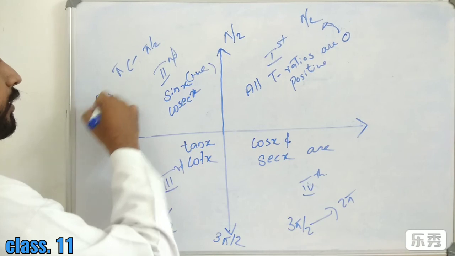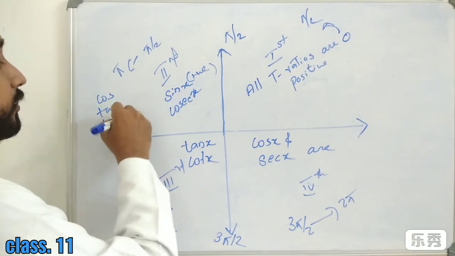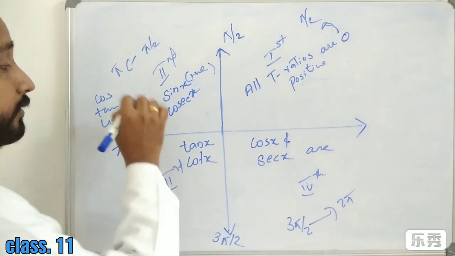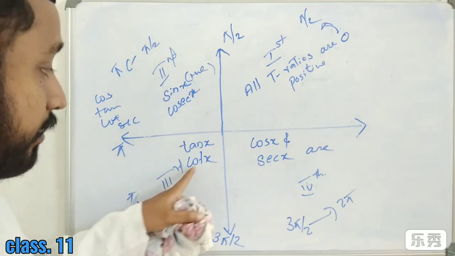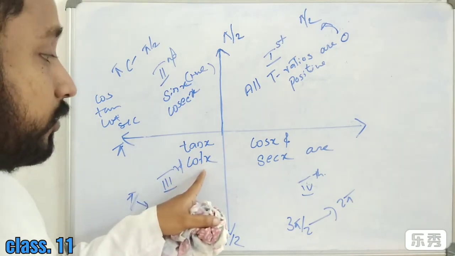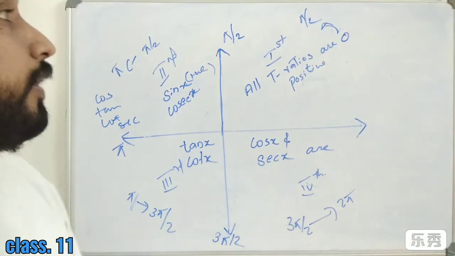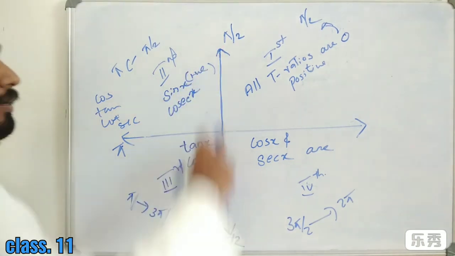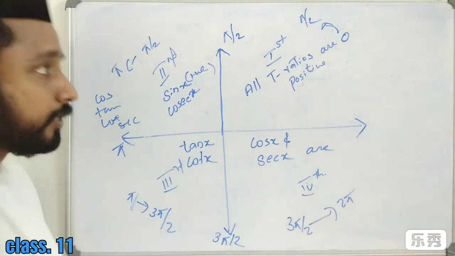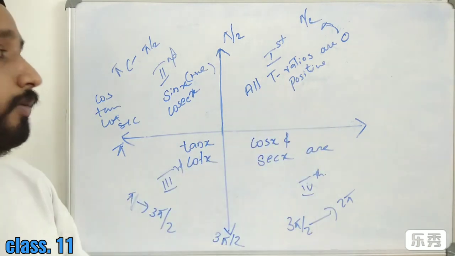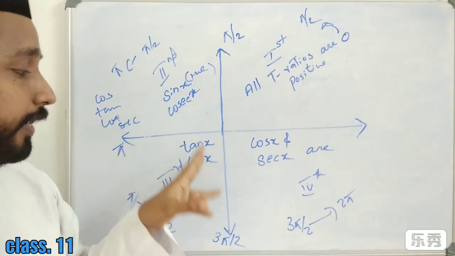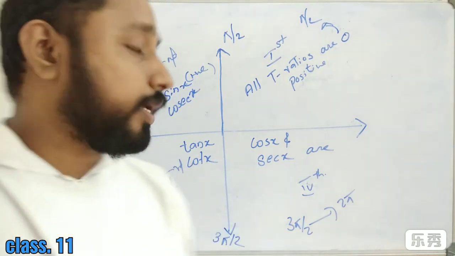Then cos, tan, cot, sec, all these are negative. In here, tan x and cot x are positive. Cos x and sec x are positive. So in the quadrants, first quadrant all are positive. Here sin and cosec, here tan and cot, here cos and sec.